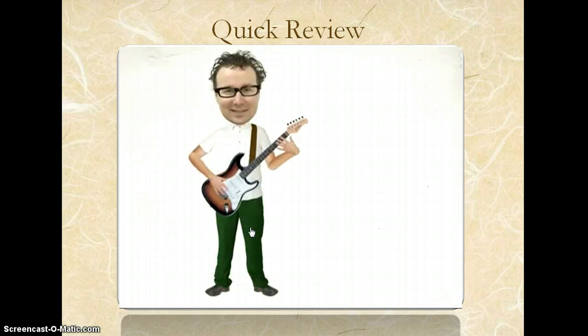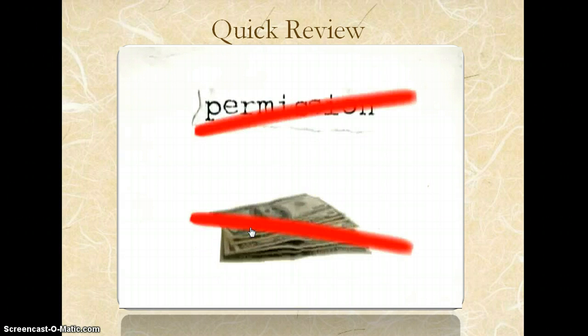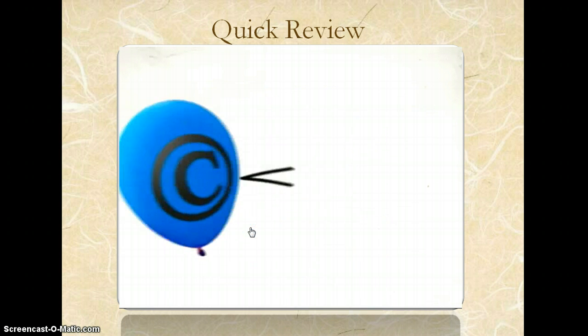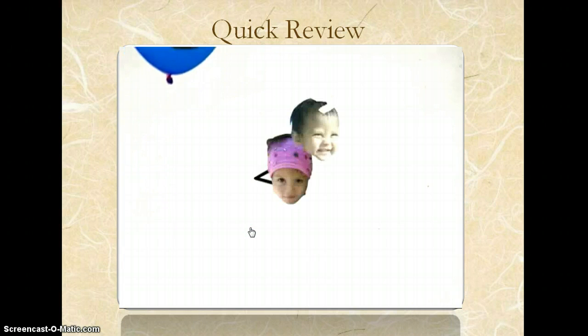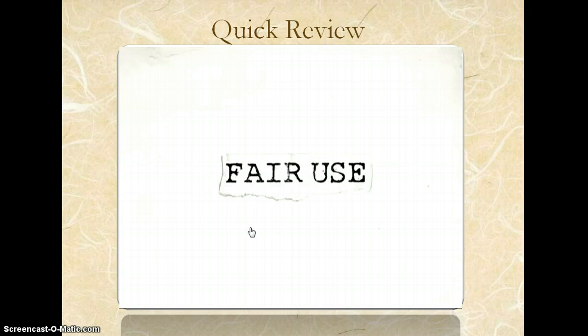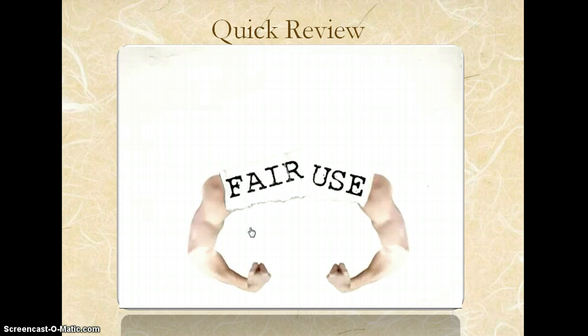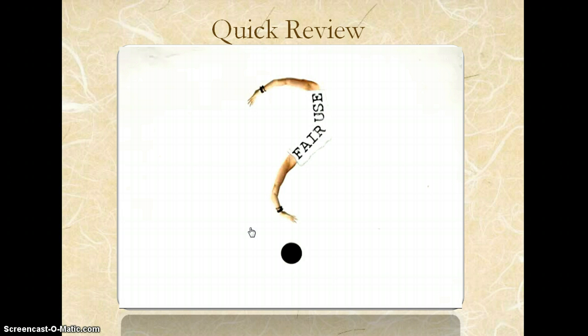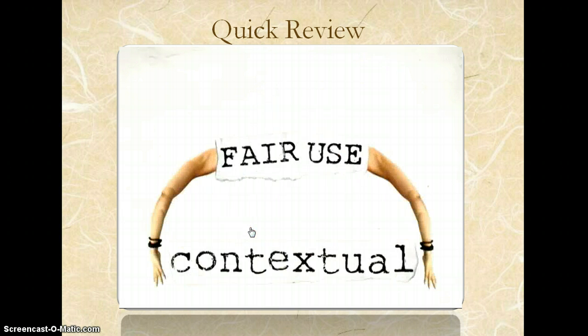We can't use or quote copyrighted material without permission or paying a license fee. When the cost to the copyright holder is less than the benefits for society. Fair use has many strengths. Most of all, it is flexible. But some people find it too vague because it is contextual.